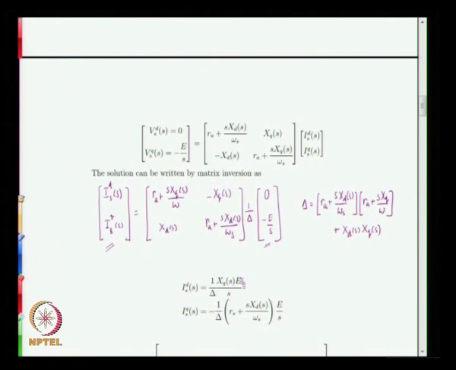So this is then the solution of Id and Iq of s, but however this is a fairly involved expression and it is in the Laplace transform domain. So what we really need to do is try and simplify these expressions to get them into a more manageable form and represent the variation with respect to time.